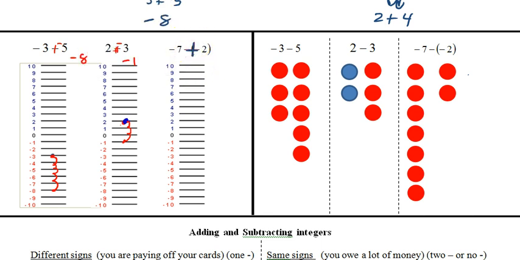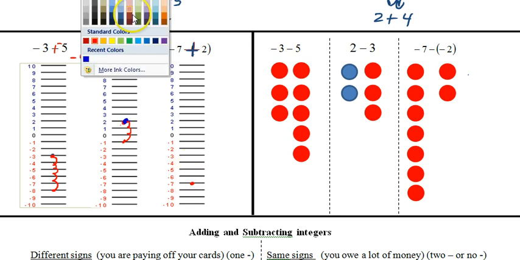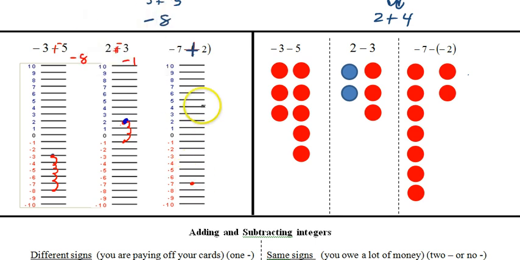Okay, so we're at negative 7. And then we add 2. So 1, 2. Now we're at negative 5. Because the negative 7 is bigger, so it has to stay negative. Alright, the other way to look at it is this.